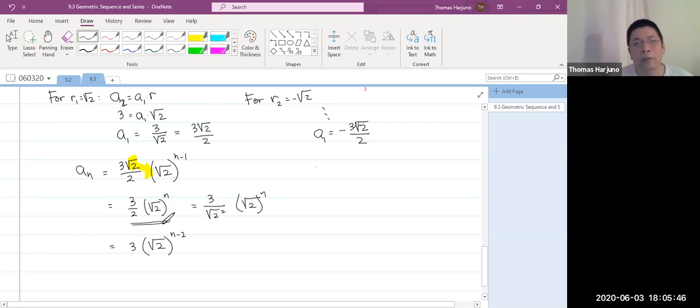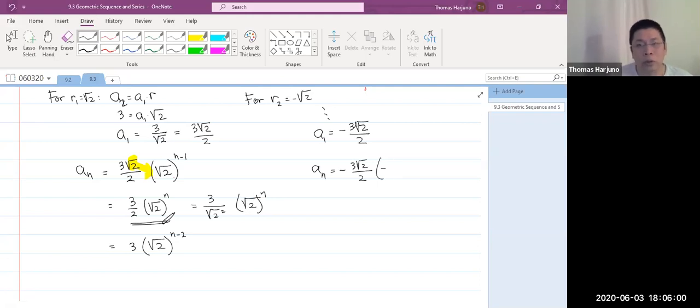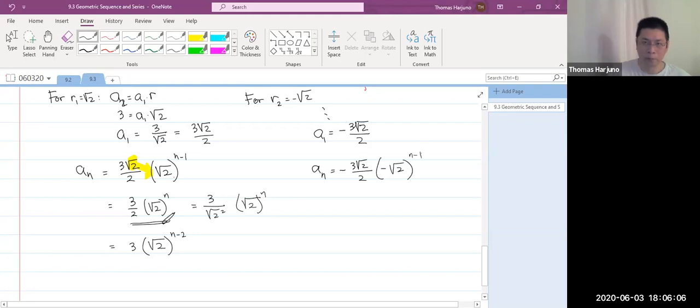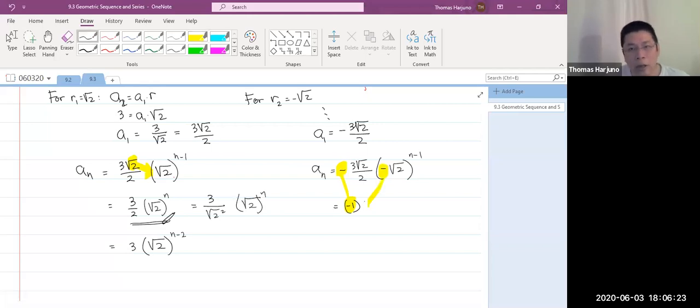Okay. Now, if r is negative radical 2, then the nth term will be negative of 3 radical 2 over 2 times negative radical 2 to the power of n minus 1. I bring this negative 1 to the power of 1, I try to simplify, and together with the negative there, I get negative 1 to the power of n minus 1, right?